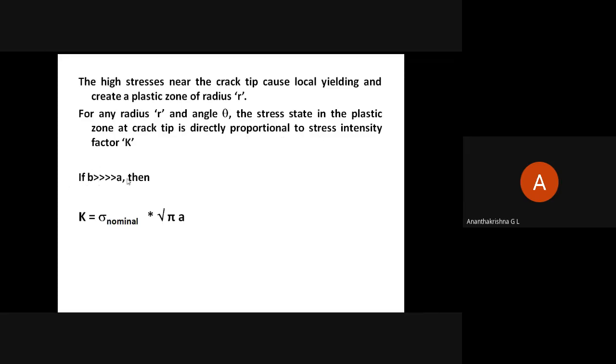So if B is larger than A, then the stress intensity factor is given by sigma nominal multiplied by root of pi into the size of the crack. That means this is the factor by which the stress intensity factor goes up when you multiply it by sigma naught. Is that okay? So please note down this expression.